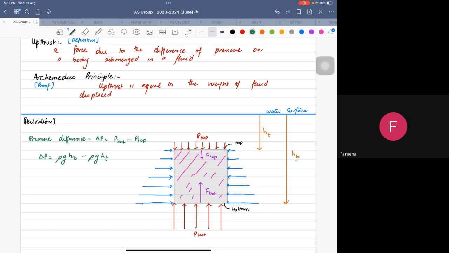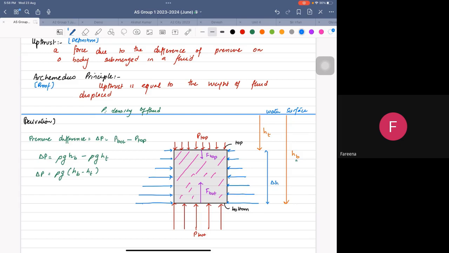Because the density that we're talking about is the density of the fluid. So, and the g is the same. So I can basically take rho g as common. So I will get HB minus HT. And if you notice, this difference is this height only.